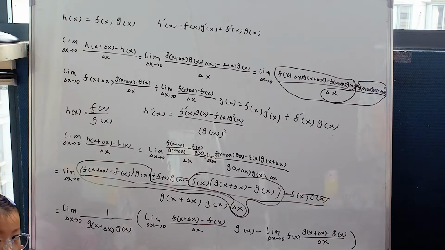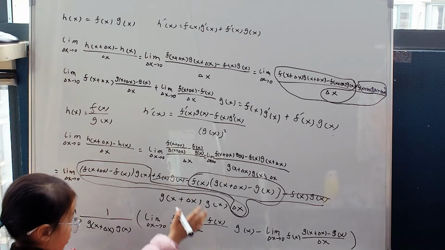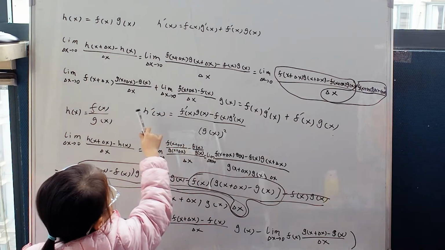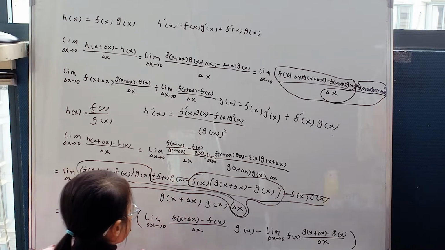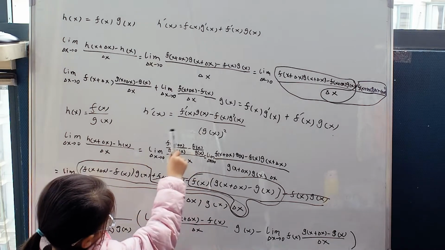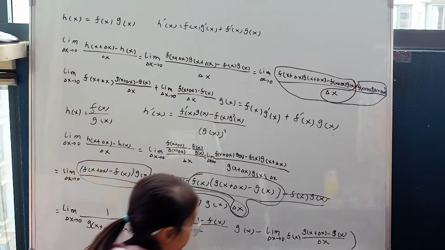I don't write the answer, right? You know that. This part is the denominator of this goal, and this part is the numerator of this goal, and we have the problem. Okay, I don't write it.